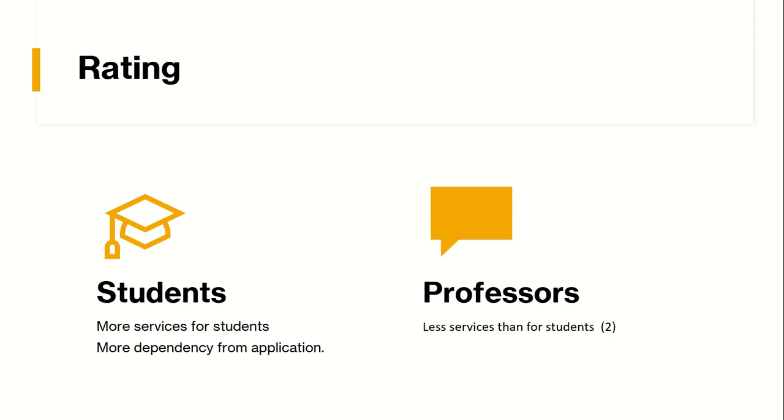That's why students are graded as the first one, and second is the professors, who only have two services offered: submitting the grades and viewing the registered students of that course.